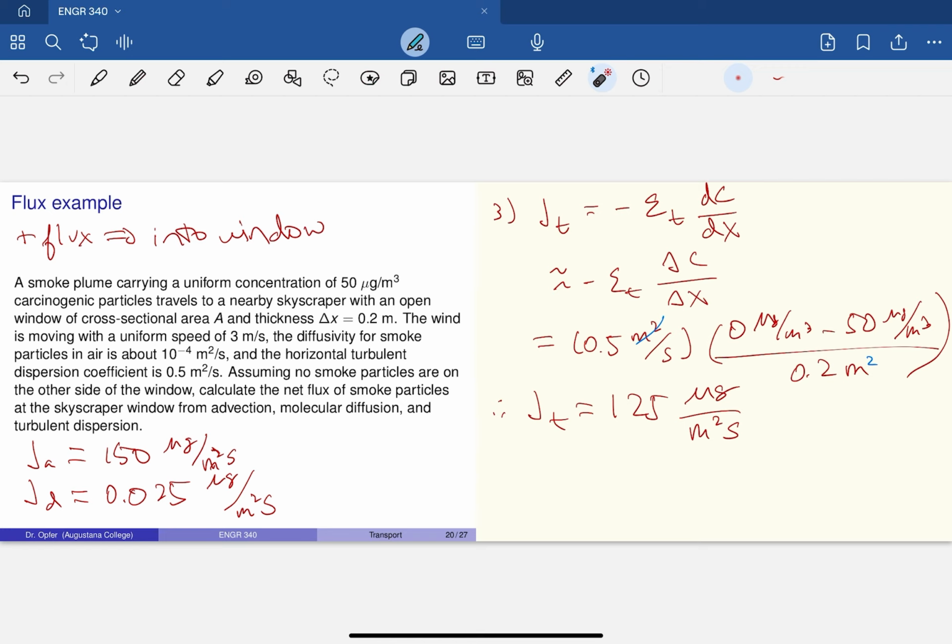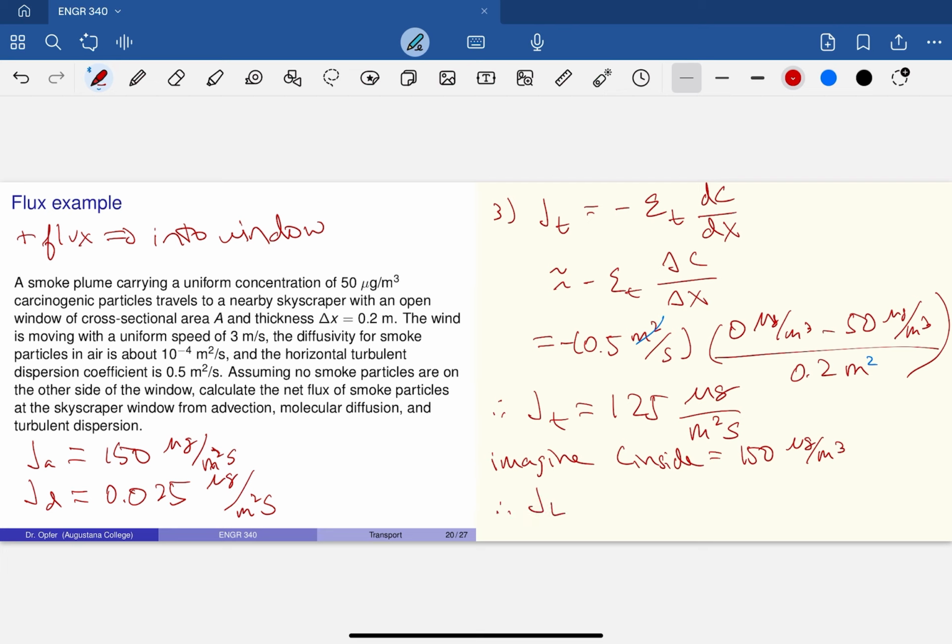Okay, now what would happen if this suddenly became 150 micrograms per meter cubed, for example, minus 50 micrograms per meter cubed? We still have this negative sign, which I dropped, but we still have this negative sign here. So let's just write this out. Imagine C inside equals 150 micrograms per meter cubed.